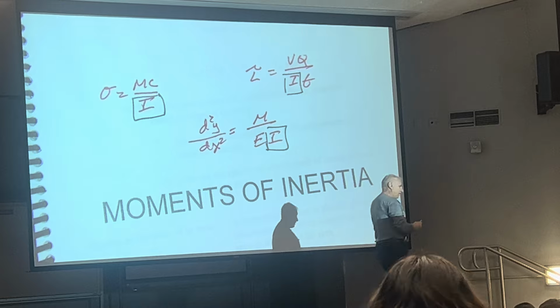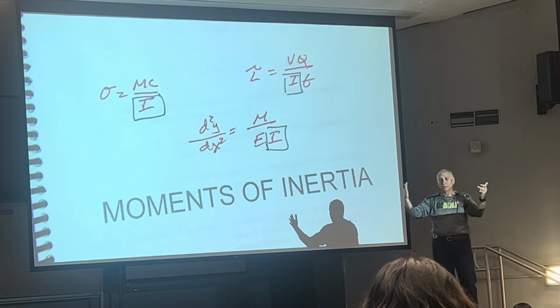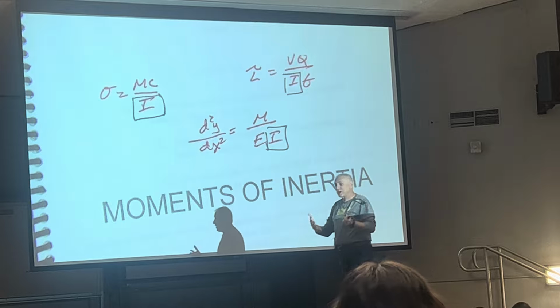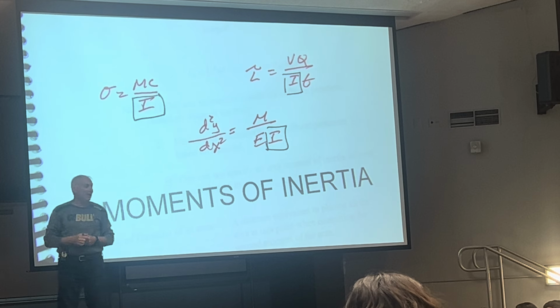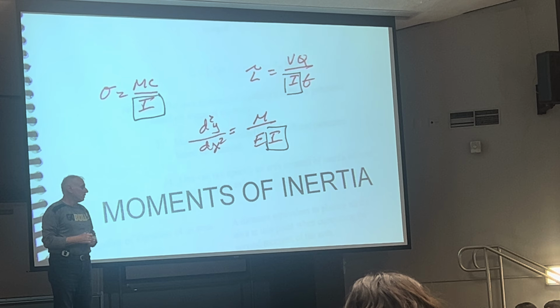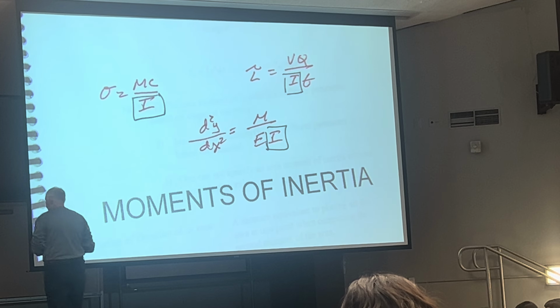So the objective is to create a huge I value. The one figure that creates the largest I value is the I-beam. The I-beam is an engineer's wonderful play toy because it by itself creates a large I value.